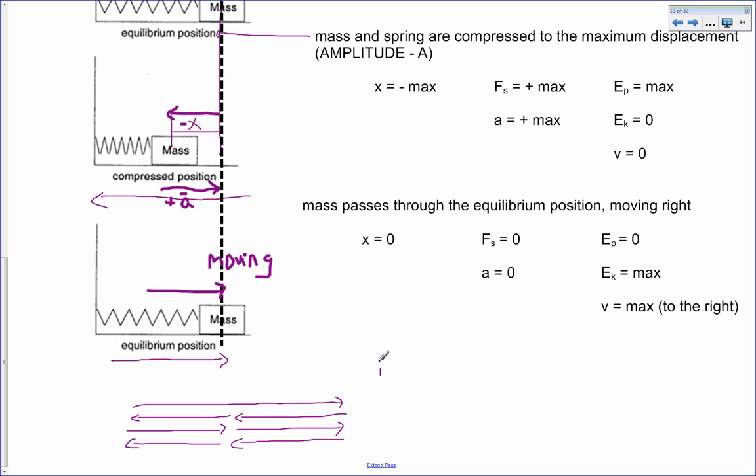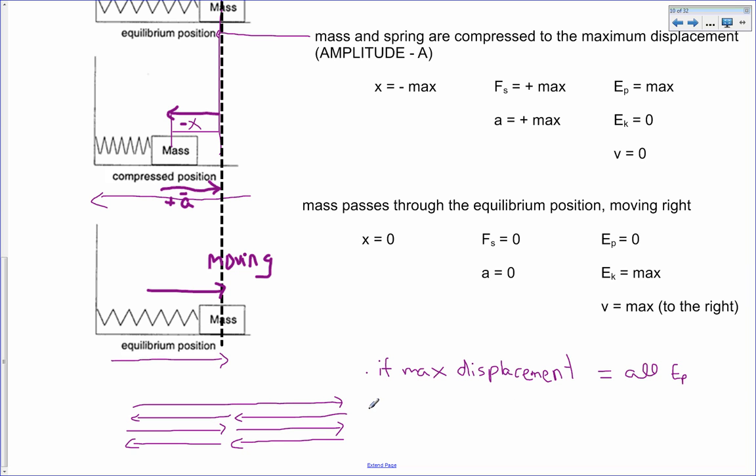Okay. If you have a maximum displacement, so if x is a maximum, then it's all EP when we're talking about energy.